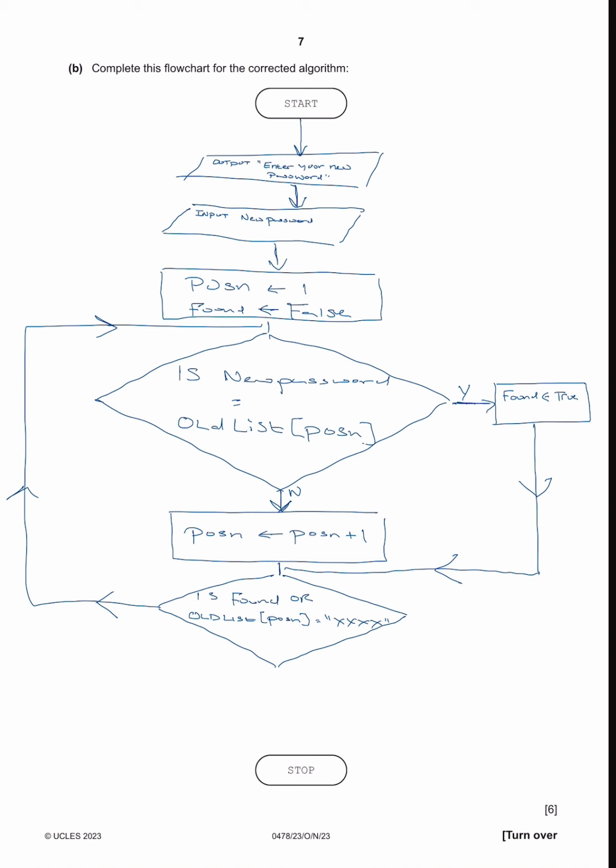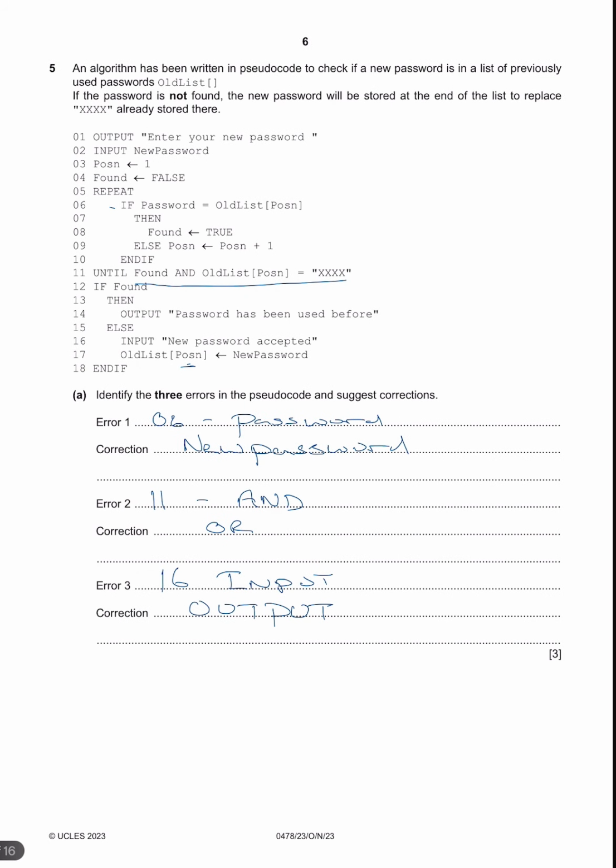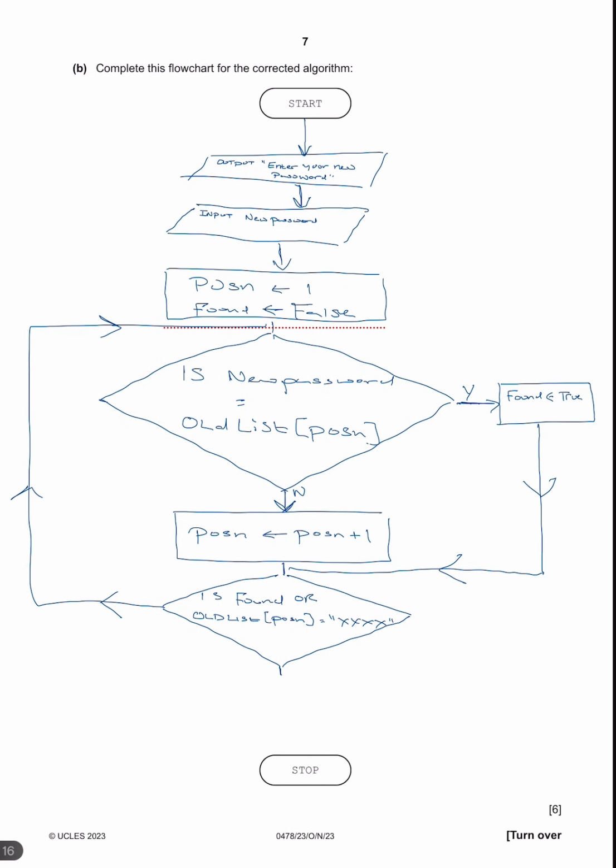Right. Now, if these are true, then what do we have to do? We have to output password has been used before. What do I have to check first? No, it's found true. If we're breaking out of here, we need to say is found true.